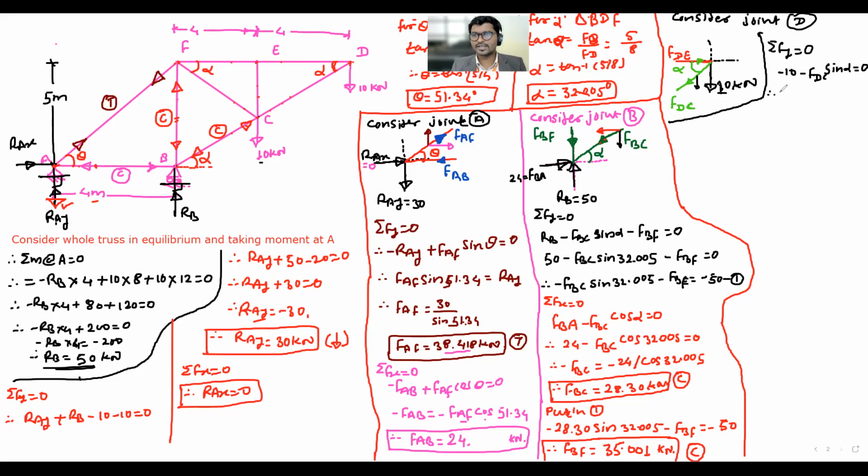Therefore we need to calculate DC. Minus FDC is equals to plus 10 divided by sin of alpha as 32.005, so answer for DC will be minus, right? How much? 18.868. Did everyone get the answer 18.868? Yes, sir.